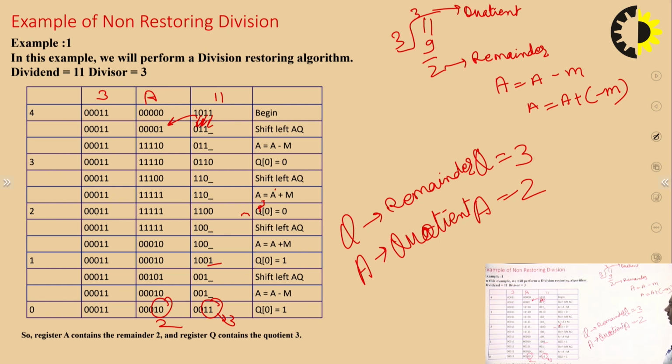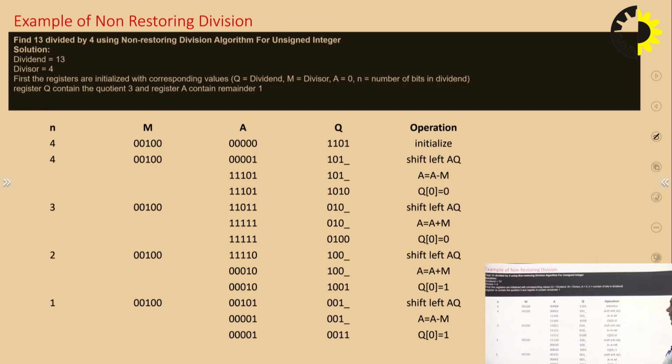Again, for better understanding, we use another example in which we divide 13 by 4. Here also we use 5 bits. We adopt the same process as in the previous example. 13 divided by 4 gives 3, 12, remainder 1.